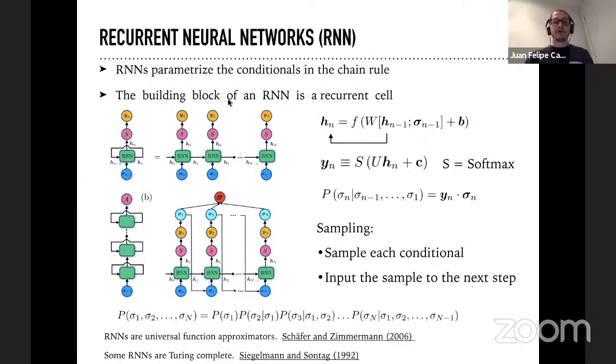The building block of a recurrent neural net is the recurrent cell, which I have here graphically in green, and is basically a nonlinear function which takes an input vector h n minus 1 and a spin configuration sigma n minus 1. Through the parameters W and vector b, you compute the new vector. So here is the recurrence part of the recurrent neural net. Based on that, you compute the conditional probability through yet another nonlinear function.